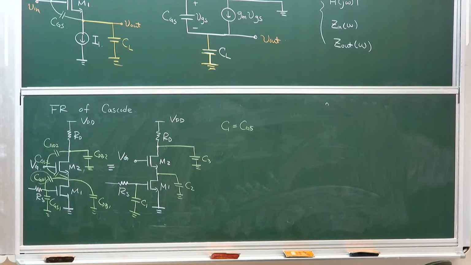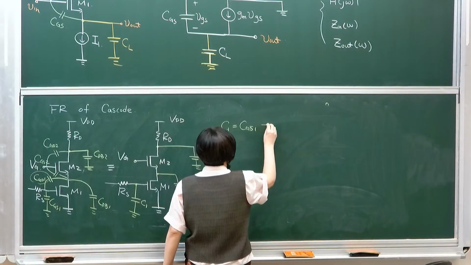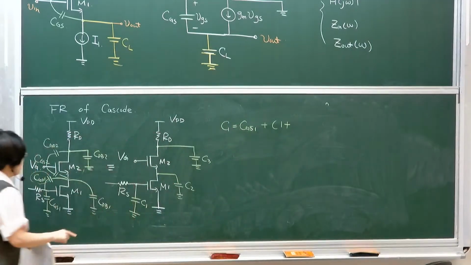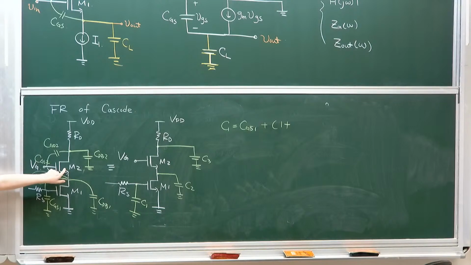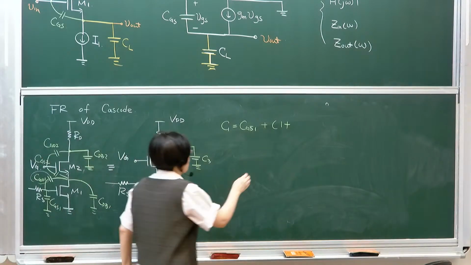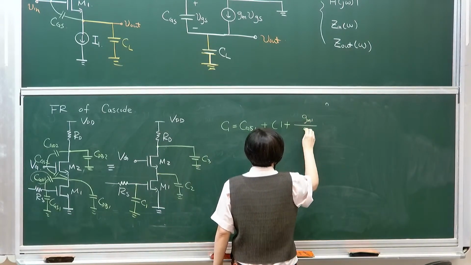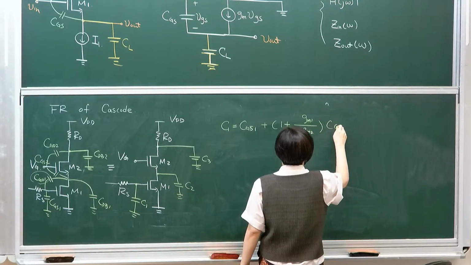Input node, there's CGS1. And then if you look at M1, at this particular terminal, because it's the source of M2, you actually have again a 1 over gm1 times 1 over gm2. That's CGD1.